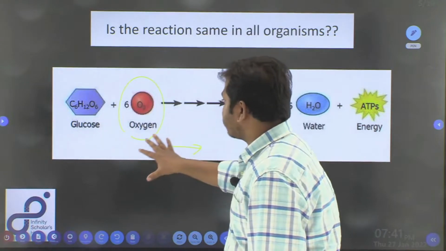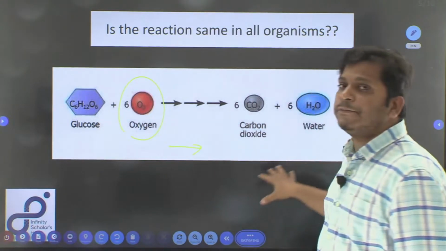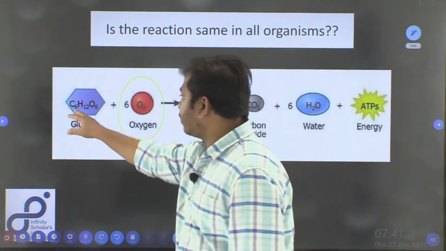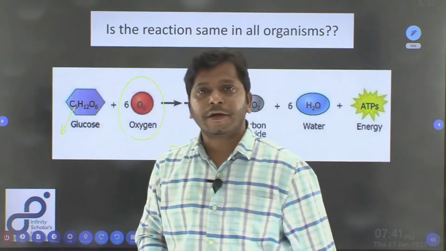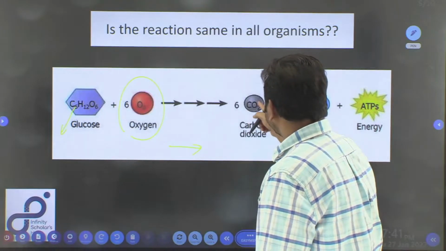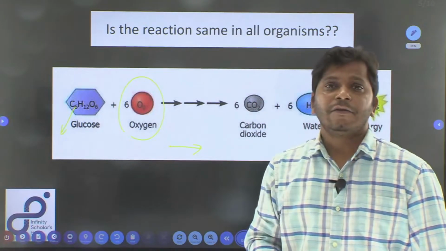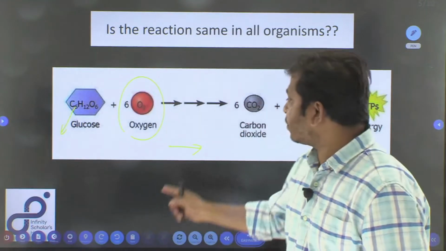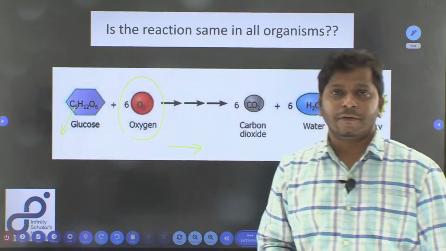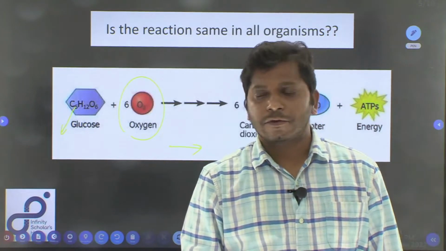In this process, the glucose molecule is completely broken down. For example, glucose has six carbon atoms, and here six molecules of carbon dioxide are released when glucose is broken down. That means it is completely broken down. So this is called complete oxidation, or complete degradation of glucose.